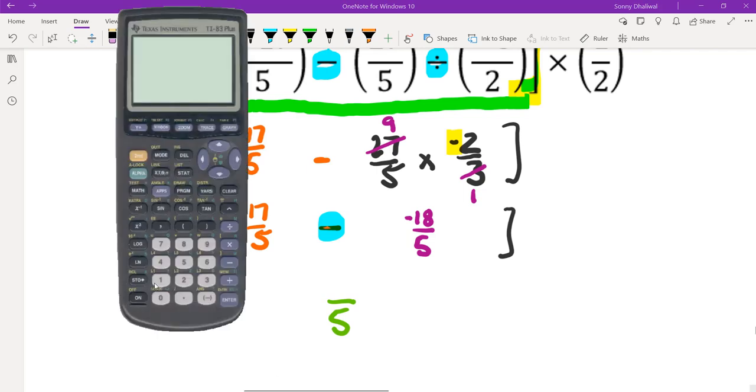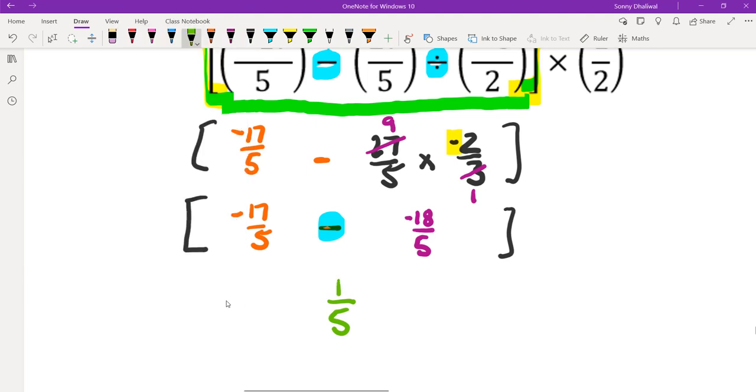You can try doing it in your head. Negative 17 minus negative 18, what would it be? It should be pretty straightforward. 1. Why we can do it in our head is that if you combine these two together, you can say negative 17 plus 18, so that's how you can quickly get to that.